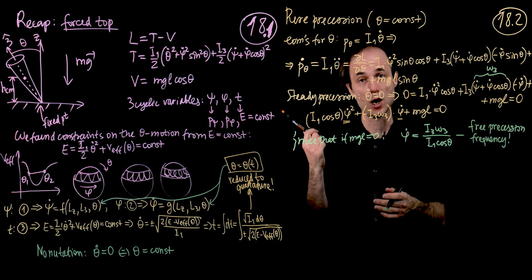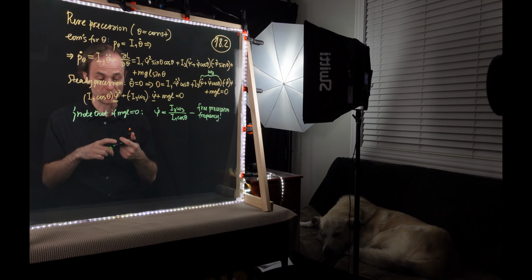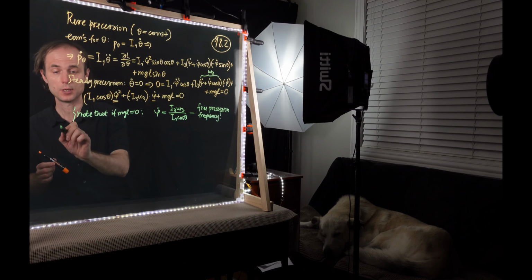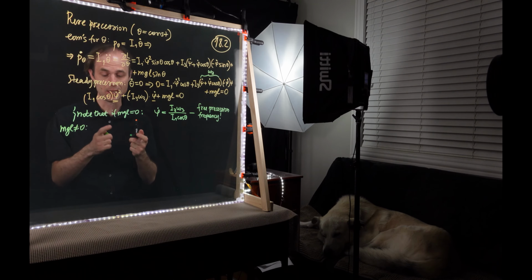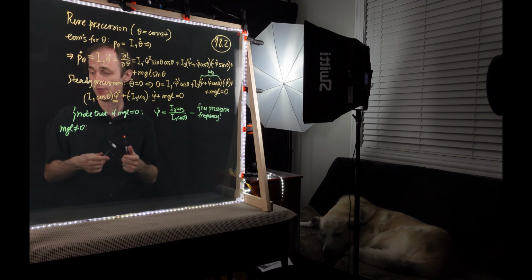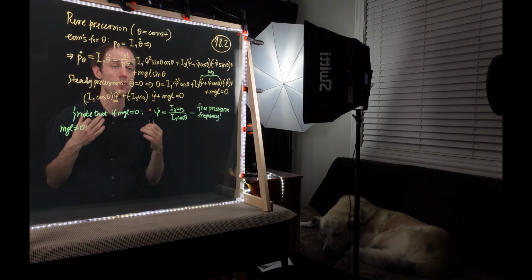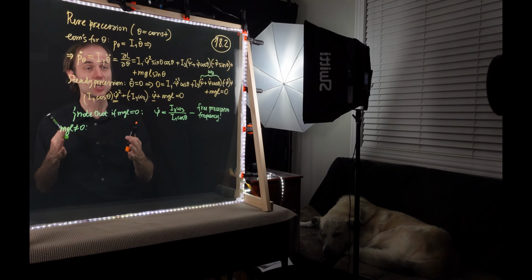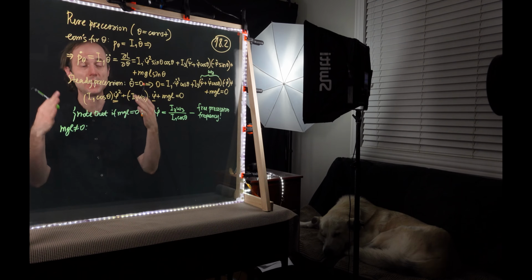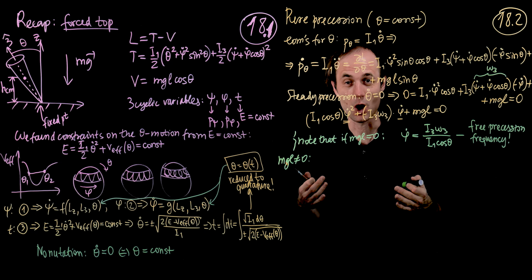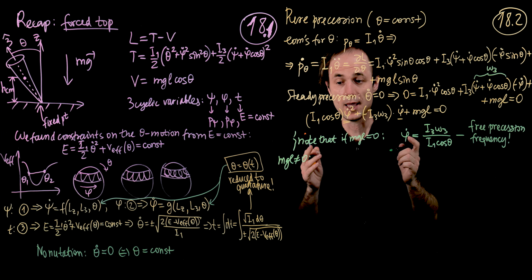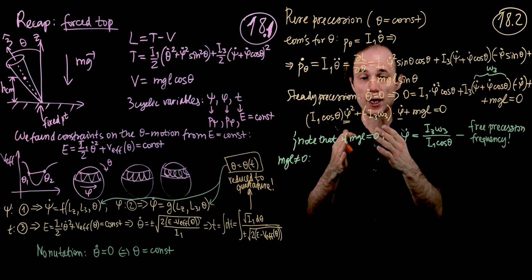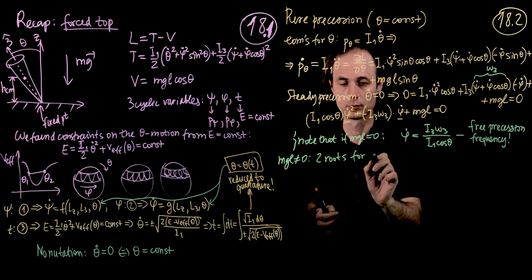Let us now consider the case when gravity is not 0. In this case, let us first focus on the case of a fast top, just like the simplified case that we derived at the very beginning of the forced top part of our lectures. In this case, we're going to have two roots.